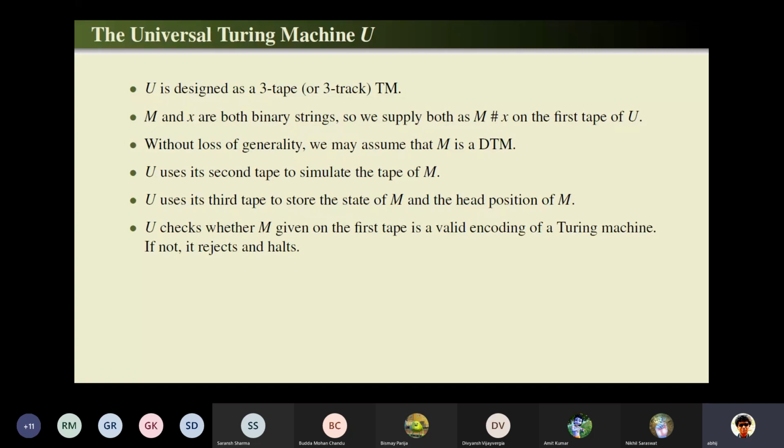For example, you may first check whether the encoding of M given on the first tape is a valid encoding. If not, it knows that the corresponding machine M stands for something that immediately rejects and halts. So U also does the same thing.